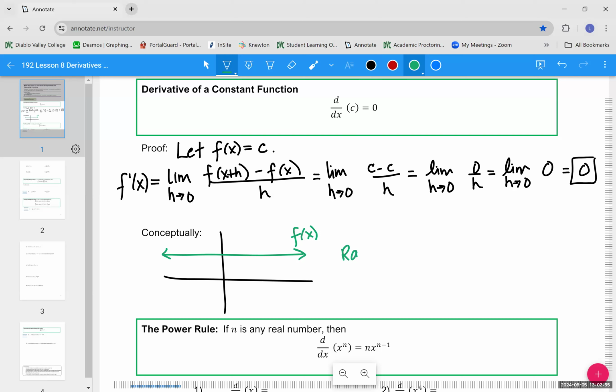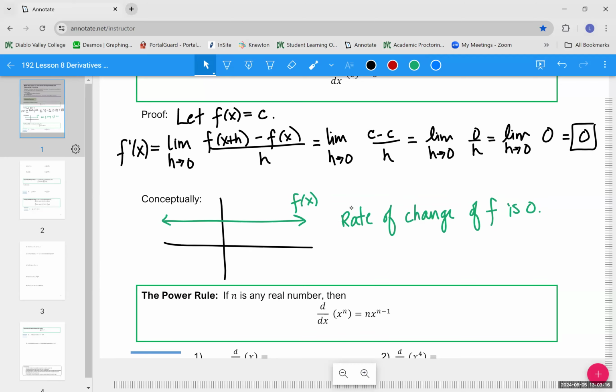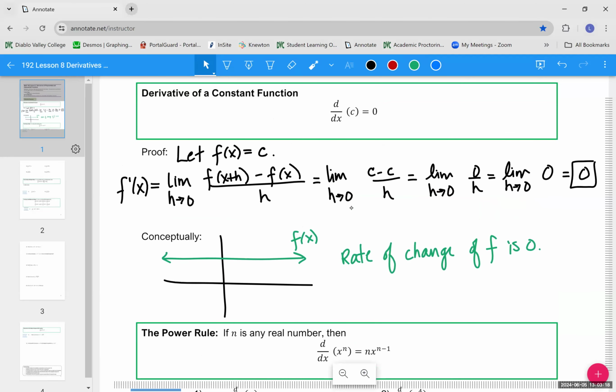So the rate of change of f, which is the y values, is 0 because they're not changing at all. So you're effectively going to memorize that as a rule: derivative of a constant is 0. But it's a pretty good idea to ground that in understanding.